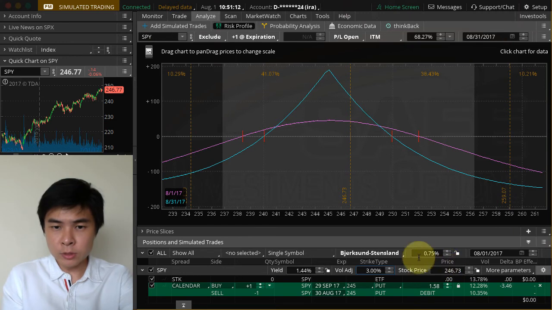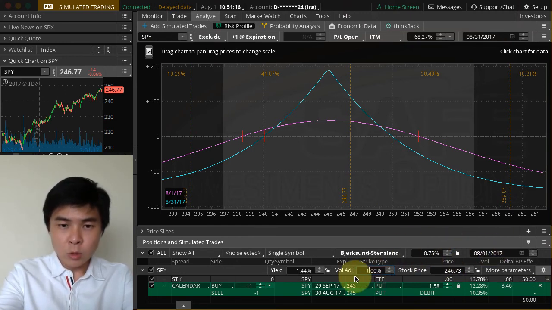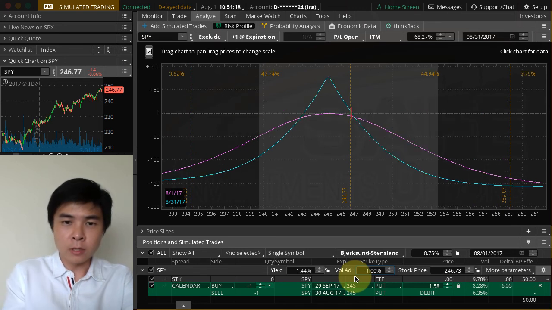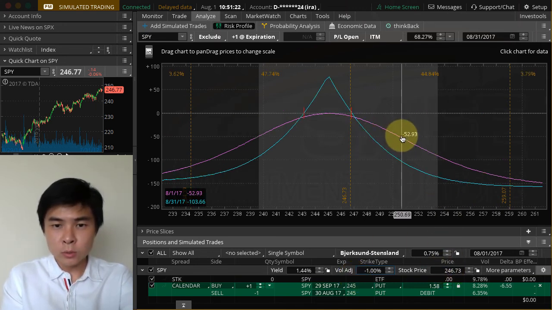If it goes upwards, I'm going to take -1 for implied volatility, and the price goes upwards to 256 or 257. I'm going to take 256 over here.